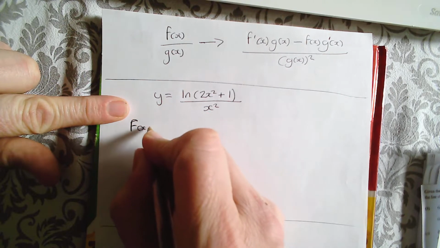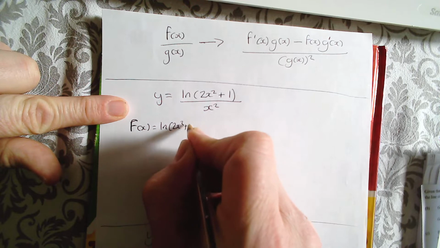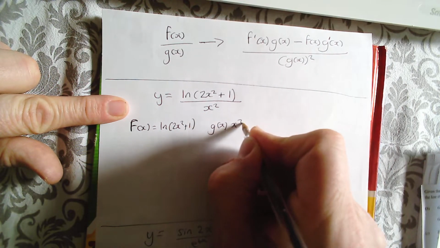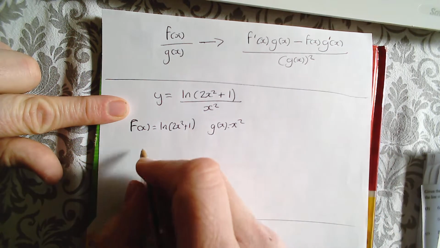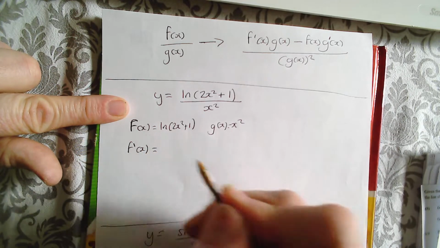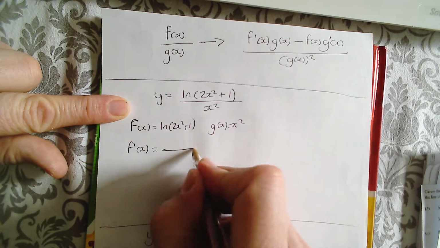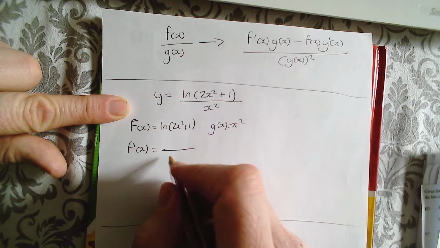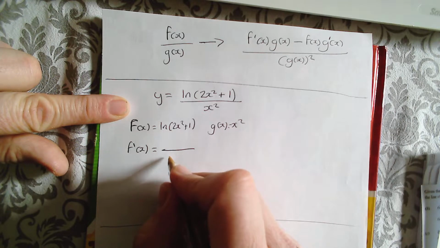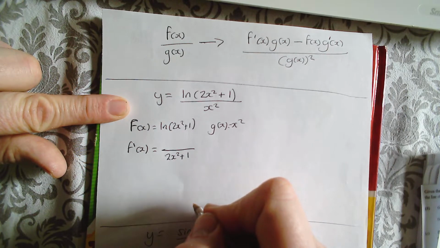So you've got f(x), we're going to call that ln(2x squared plus 1), and g(x) is x squared. Now, you might need to go back to the chain rule to understand how this works, but a very nice little trick is, I know with ln of a function, that will differentiate to 4x on the top and 2x squared plus 1 on the bottom.